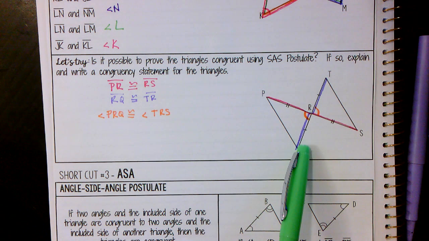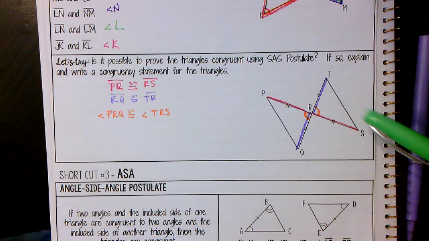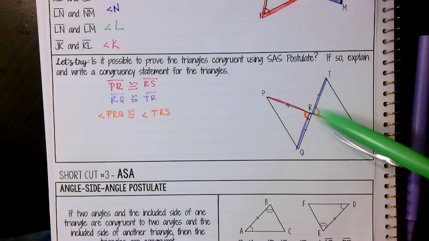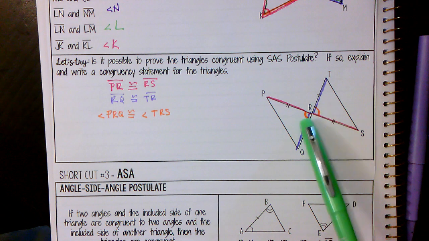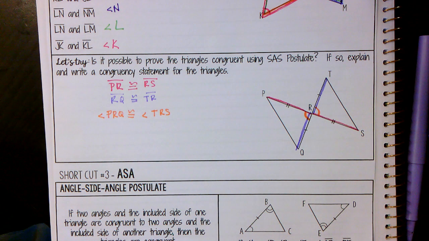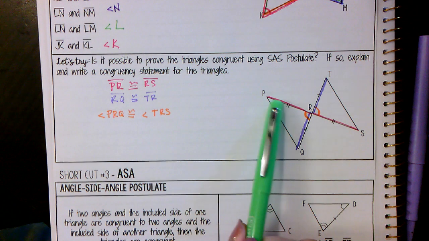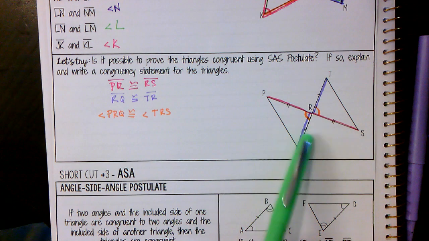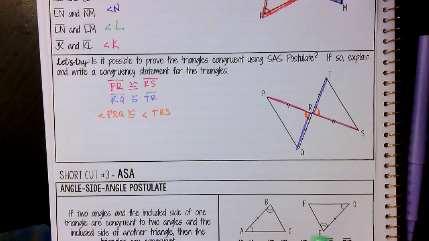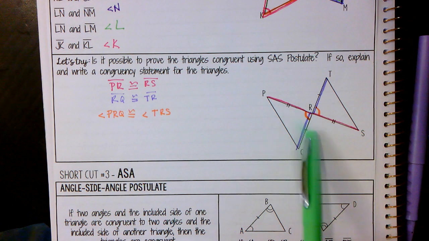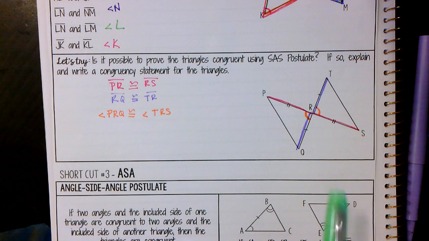So PRQ, this angle, is congruent to TRS. You could, I guess, call that angle R for both if you're looking at it a certain way. But again, this angle is in between these 2 sides that are congruent, and the angle is in between them, shoved in the middle. So yes, it is congruent based on that.